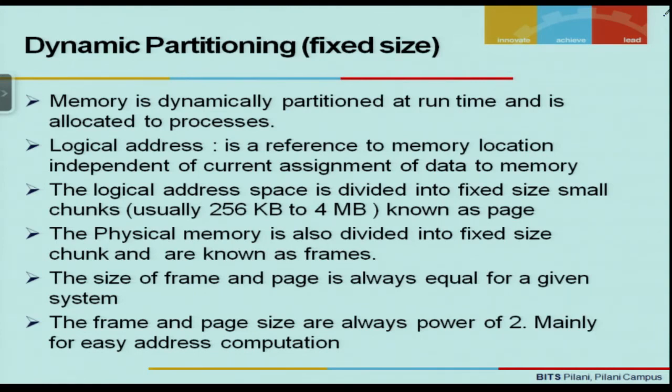In this scheme the physical memory is also divided into fixed size chunks, and these chunks are known as frames, and usually the size of a frame and page is kept equal, and usually the frame and page sizes are a power of 2. This is essentially done for the ease of address computation.